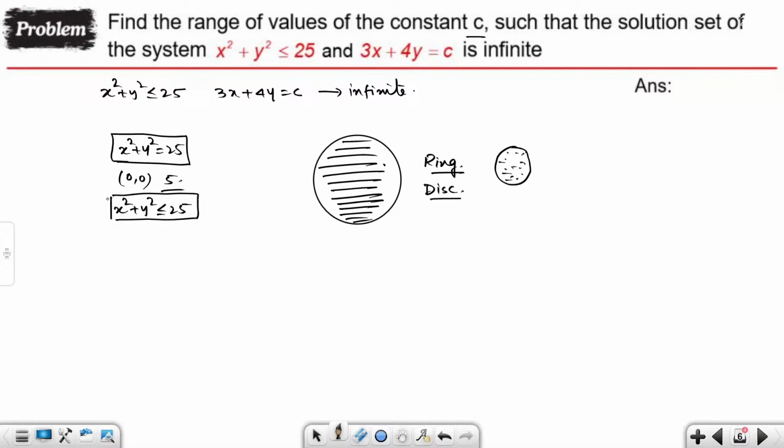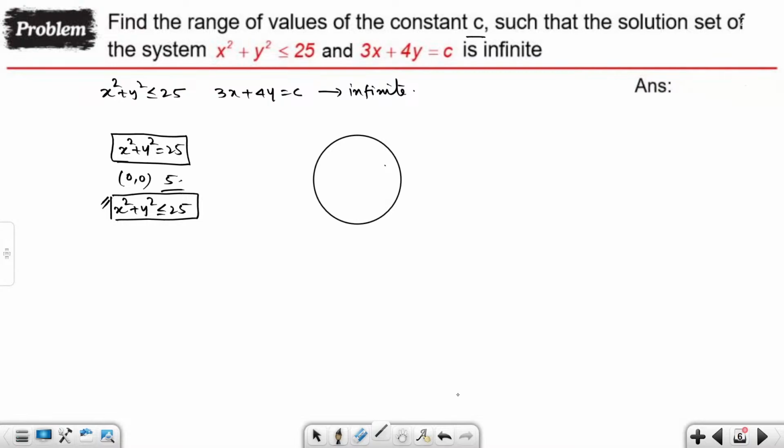So in this case, we have been told about the disk, that is everywhere inside as well as on the circumference of the circle. I mean, your x and y lie anywhere in the circle, inside or on the circle. Now we have a straight line there.